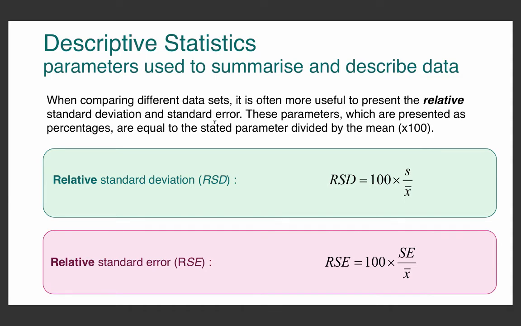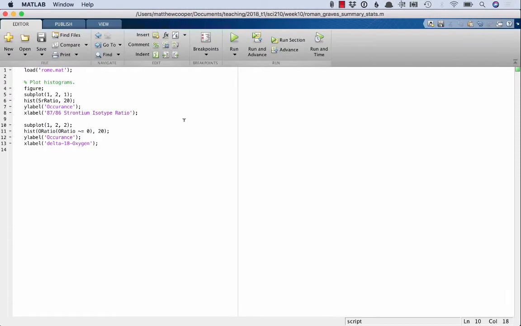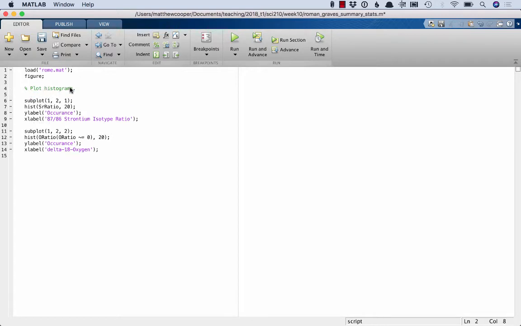Okay. So we want the mean and the standard deviation. So let's just divide this up. So at the top, I'm just going to create a new figure for my script.